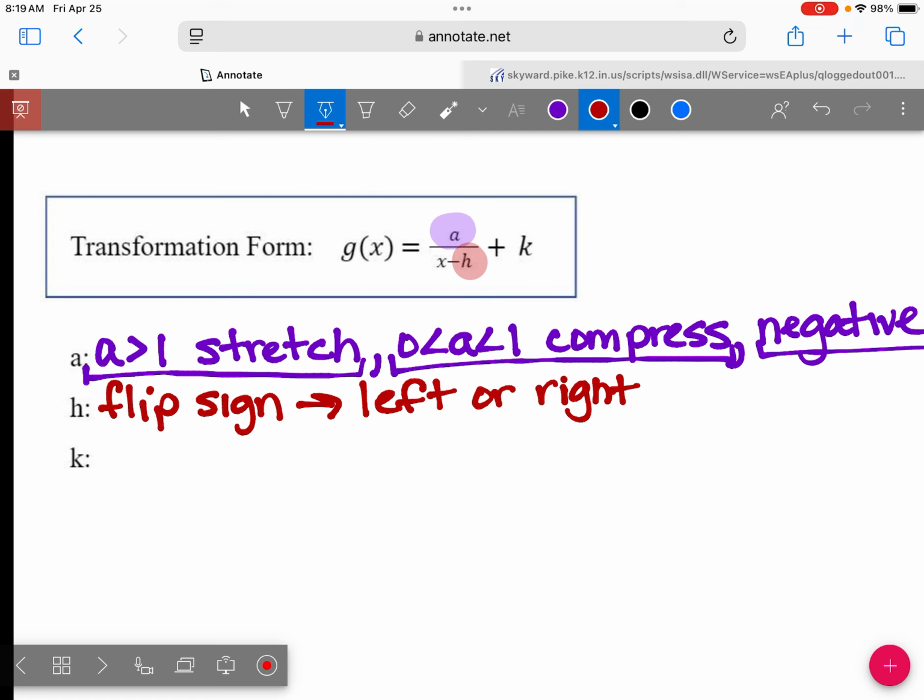That's what the H does. So now we talked about the fraction. If there is a number outside of the fraction, either in front of the fraction or behind the fraction, that's K. K will move the graph up or down.